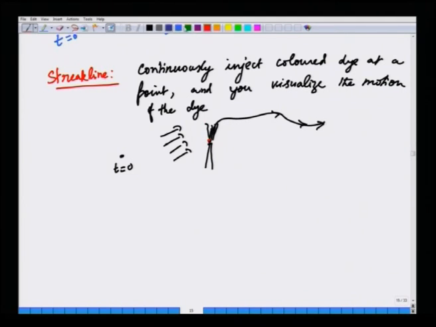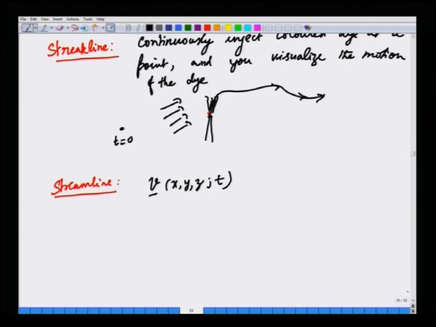Okay. Finally, we have streamline. Streamline is a mathematical idea. We will have to see how it is visualized experimentally, but it is a concept. The concept is that, suppose you imagine in the Eulerian description you have the velocity vector as a function of 3 spatial coordinates and time.